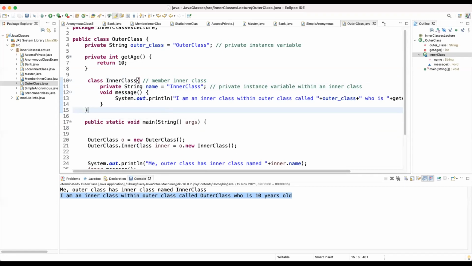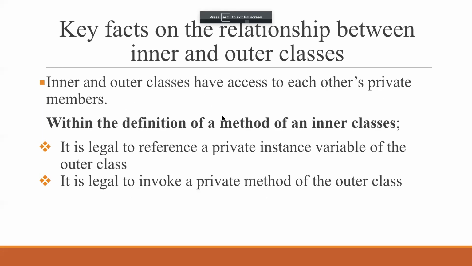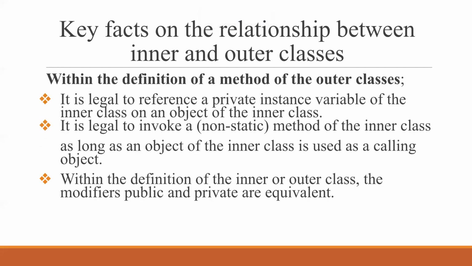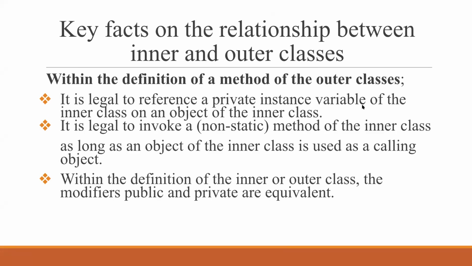So finally, if I'm to conclude everything about member inner class, we've seen that in an inner class, you can reference a private instance variable, and you can also invoke the private method of the outer class. Next, within the body of the outer class, it is legal for you to reference a private instance variable of an inner class.